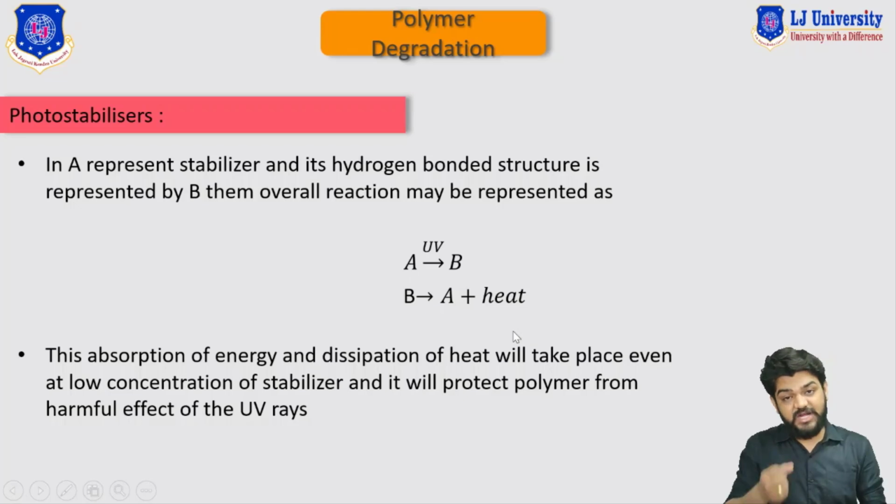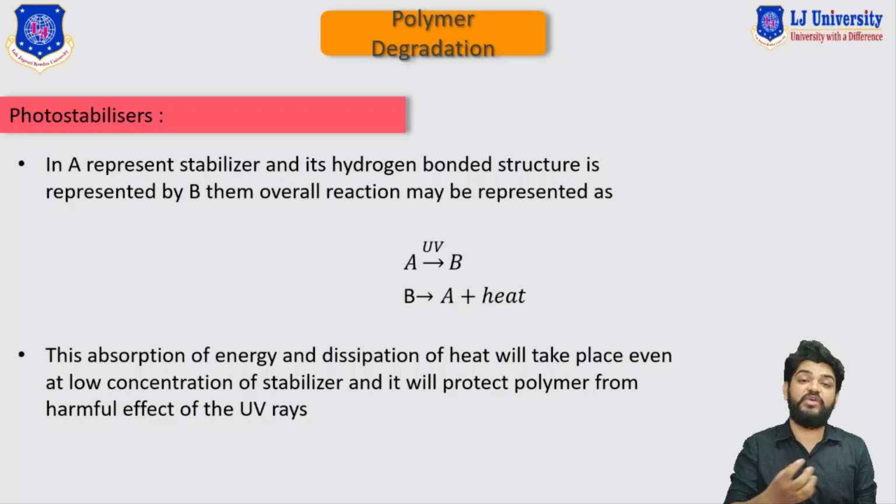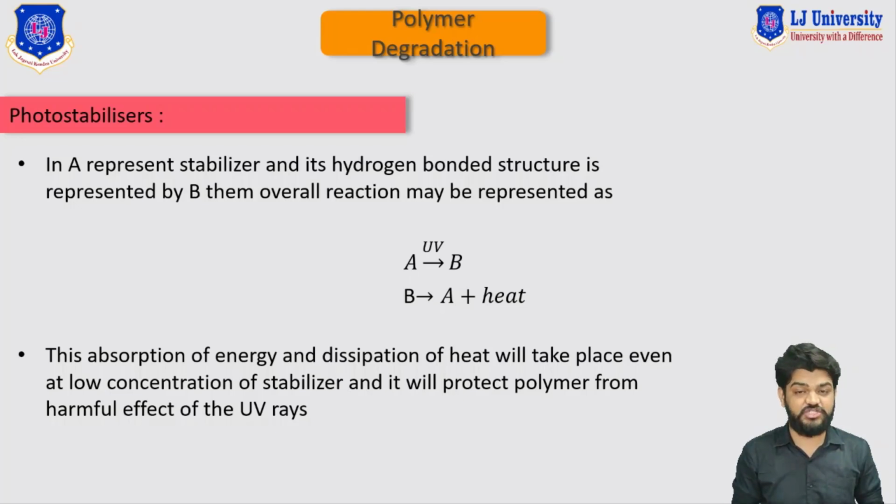So if we extract or remove heat from the B structure, it will again reform the normal structure of the photostabilizer. So we can recover our photostabilizer as per our requirements.